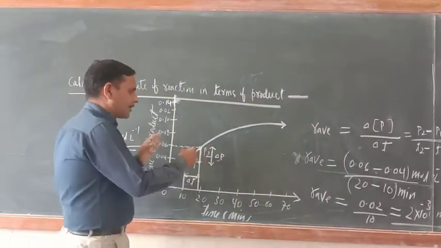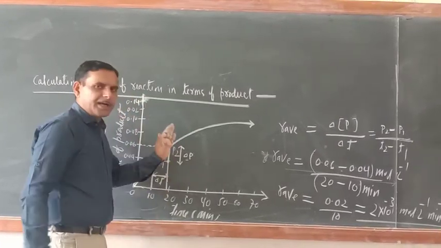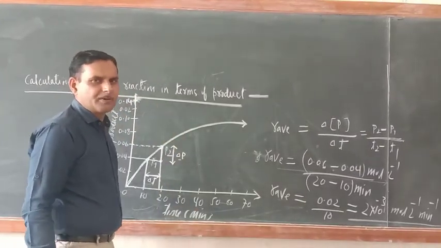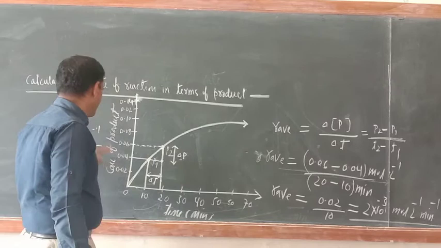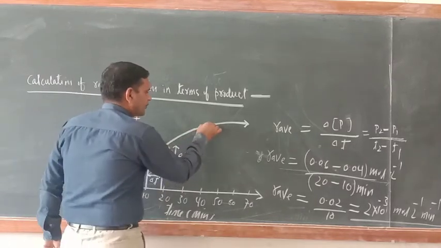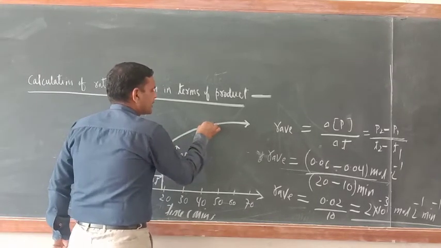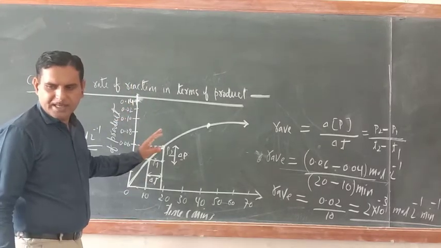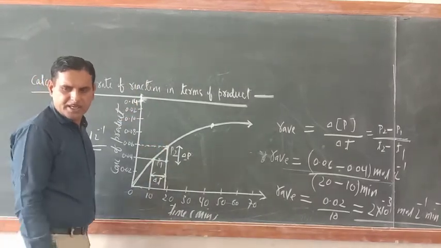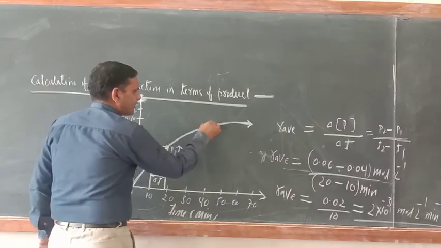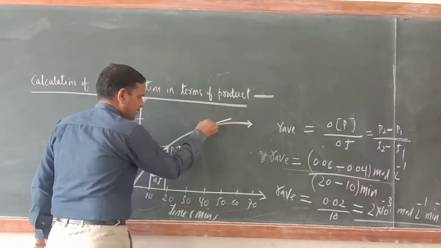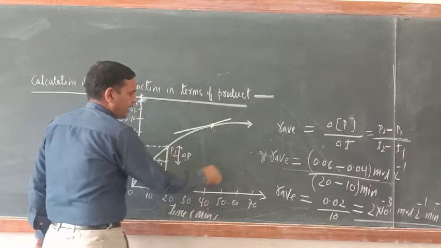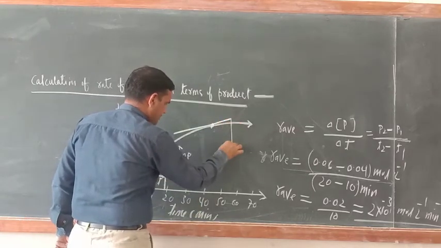Now in the same graph I can give the instantaneous rate of reaction also. The method is the same. You have to select one point here, that is the tangent. Now you have selected the tangent. Now extend this line this side also and this side also.